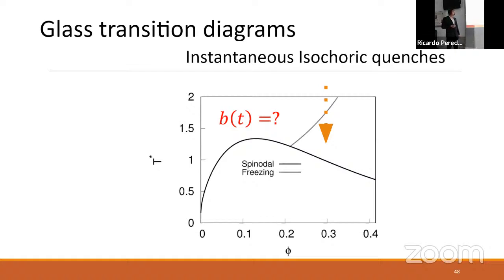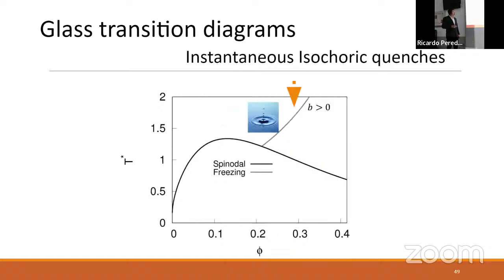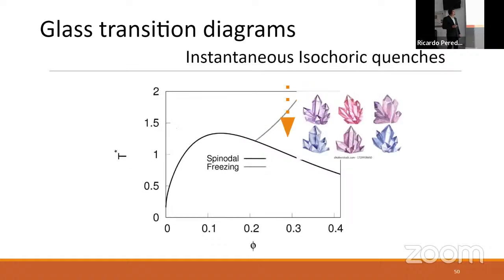And in order to follow such quantity, we will consider, for example, mobility greater than 0. If we quench inside the fluid region, as fluid, while if we quench inside the freezing line, what one would usually expect is the transition towards crystalline solids.